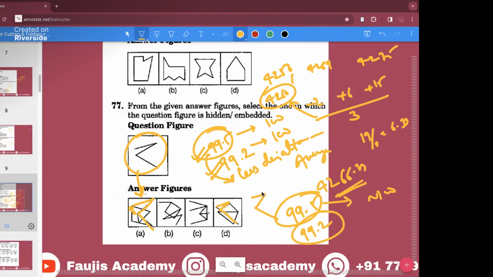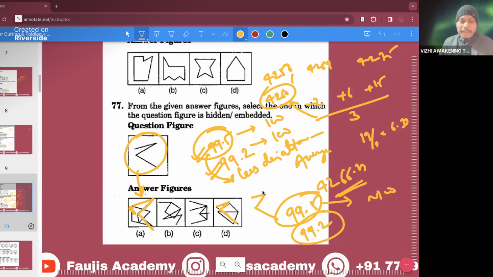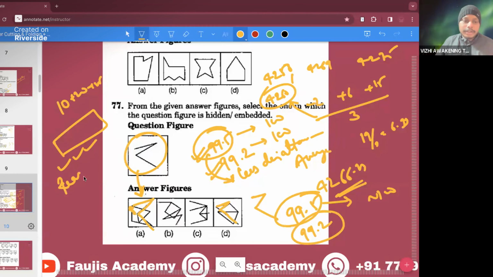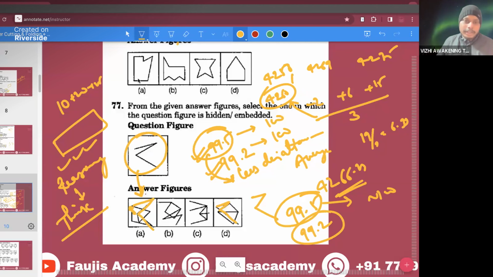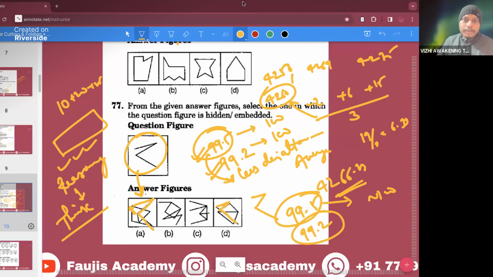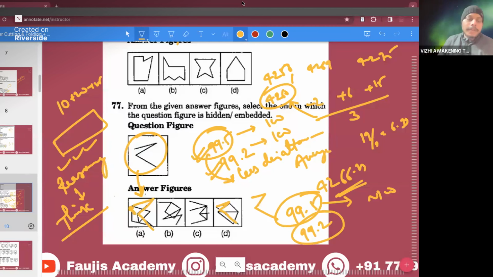Had this been mathematics, I would have done a calculation and told you, okay, 10 plus 20 plus 15, and this is an exact number. But this is the reasoning part, okay? Reasoning, you have to reason. What is reason? When you think in your mind, when you employ your mental faculty, that is called thinking, that is called reasoning, right? Using that, you come to a certain type of conclusion, right, boys?